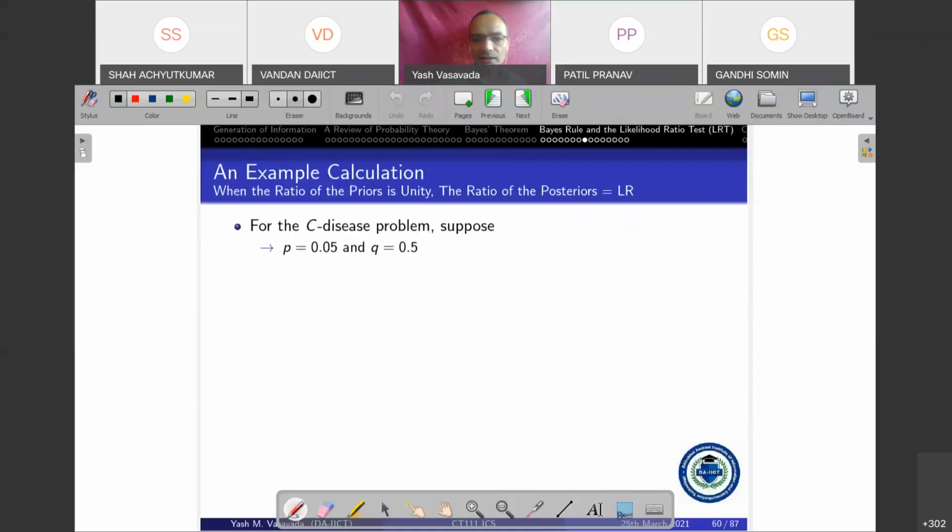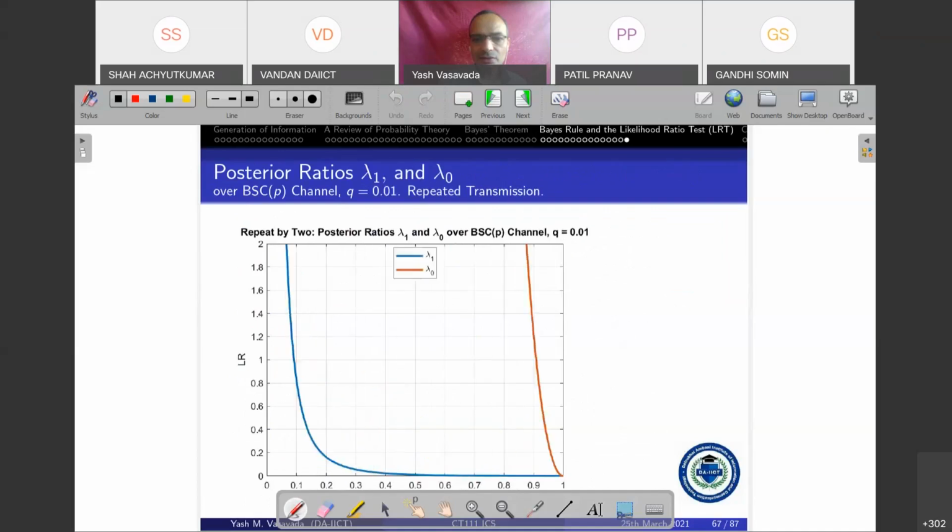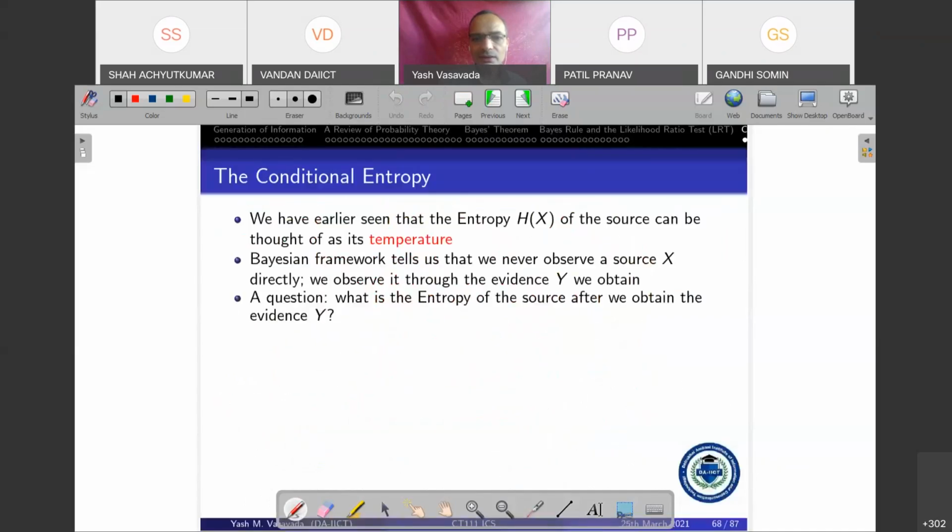Now, given that, if you look at this question, what is the entropy of the source after we obtain a particular evidence, then one thing that we can say right away is that it depends on whether y is equal to 1 or y is equal to 0.